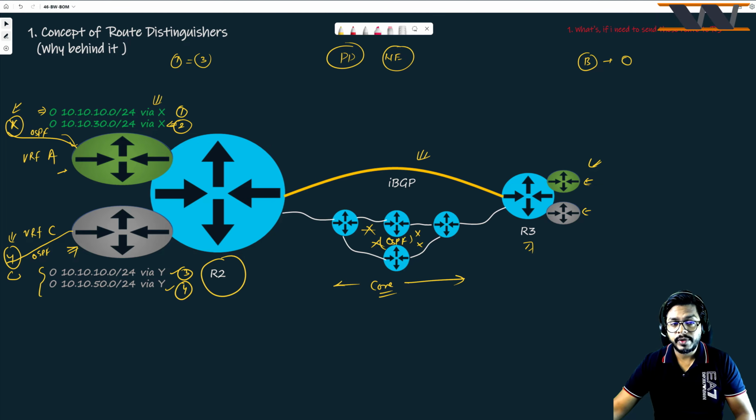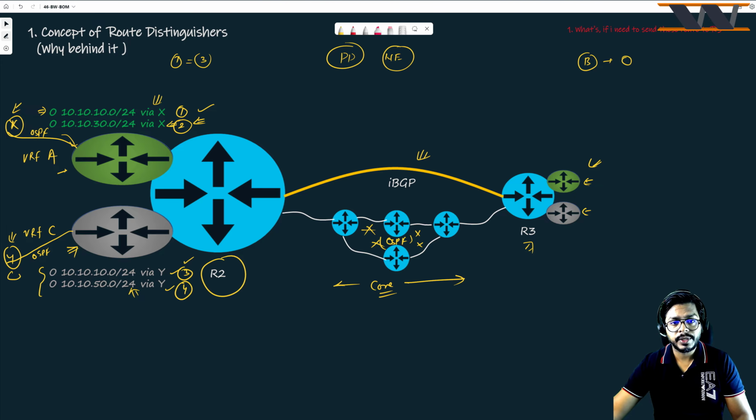You know the solution. We have been discussing it, because the problem is not with respect to the 10.10.30.0 route in this VRF, nor with respect to the 10.10.50.0 route in VRF gray. The problem is with respect to these two routes, route number 1 and route number 3, which look exactly the same.